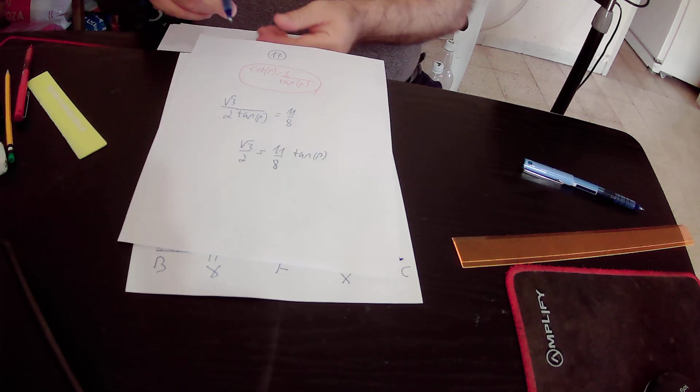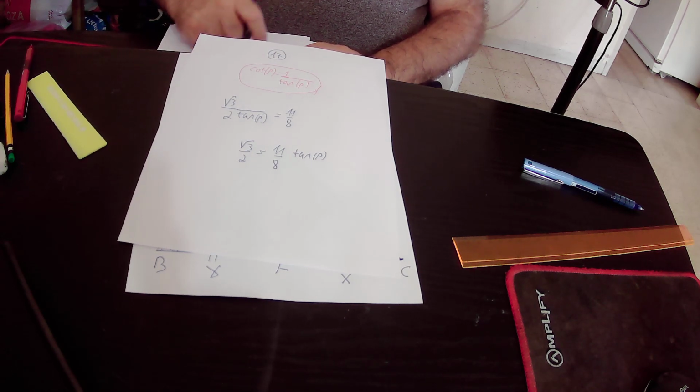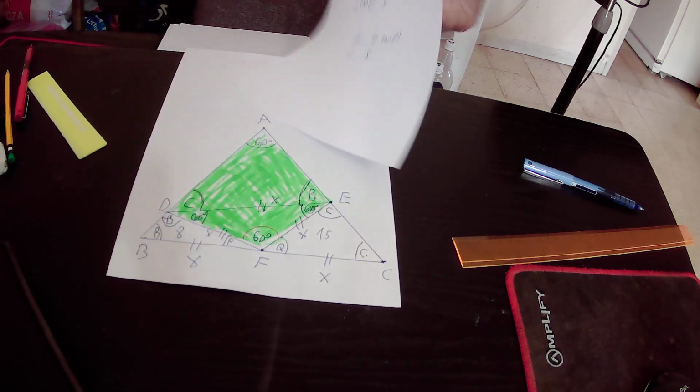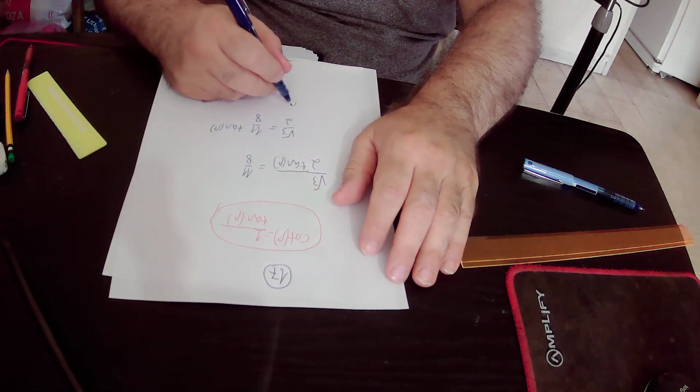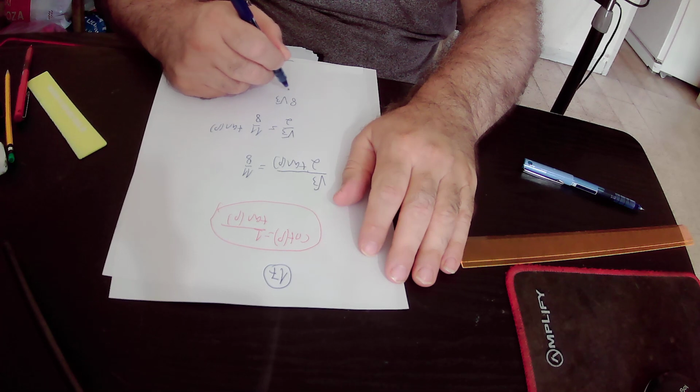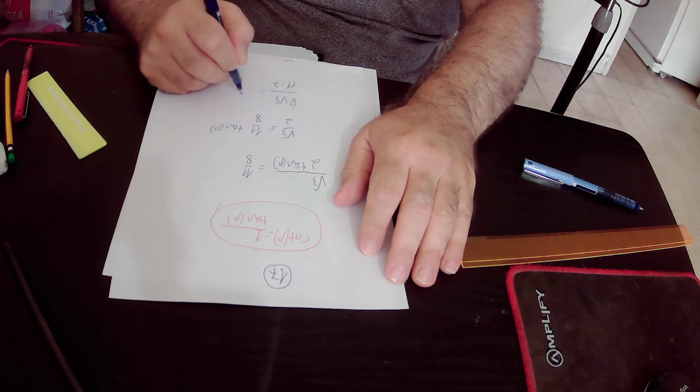Here we will multiply this equality by 8 and then divide it by 11 in order to get the value of tangent p. So we will get that 8 times root 3 over 11 times 2 equals tangent p.